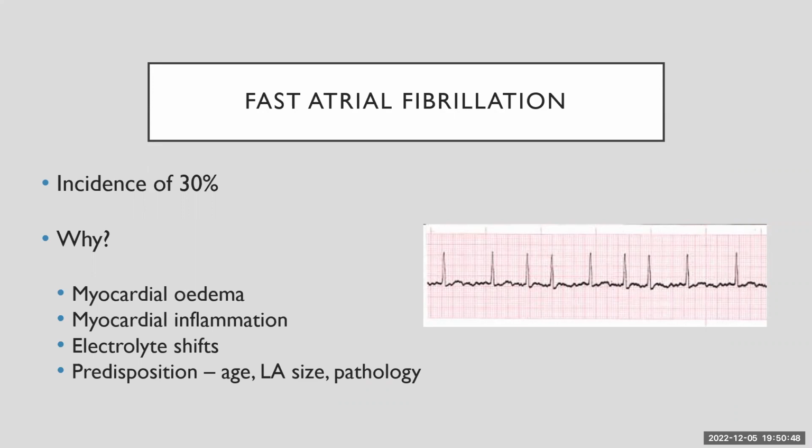It is thought that a variety of factors may predispose, including edema and inflammation as a consequence of handling of the heart during the surgery, and electrolyte shifts in view of the diuresis that we induce in all of our patients in the first few days, in addition to losing the volume of fluid that they've gained throughout the perioperative period. It also leads to a significant loss of electrolytes, which can then predispose to the dysrhythmia.